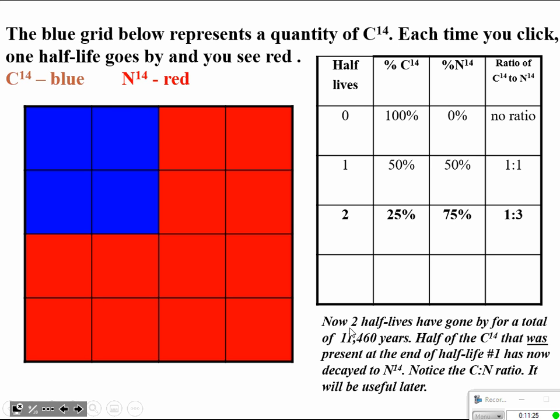So what I need to do is take that 5,730 and multiply that by 2 to get 11,460. So in 11,460 years, now I only have 25% of my carbon-14 left over. 75% of it has been converted into nitrogen-14.